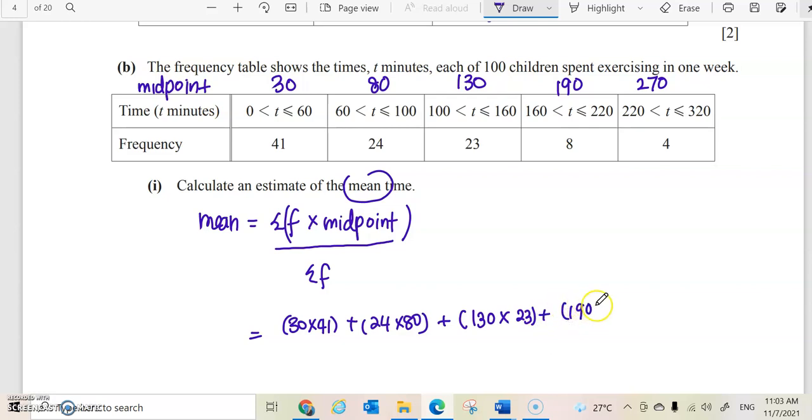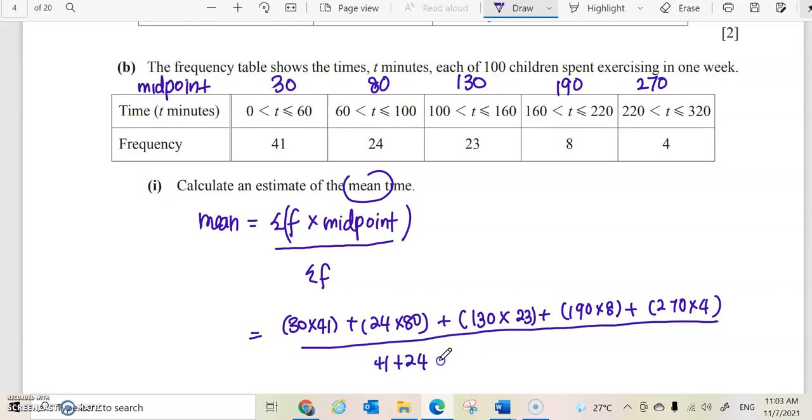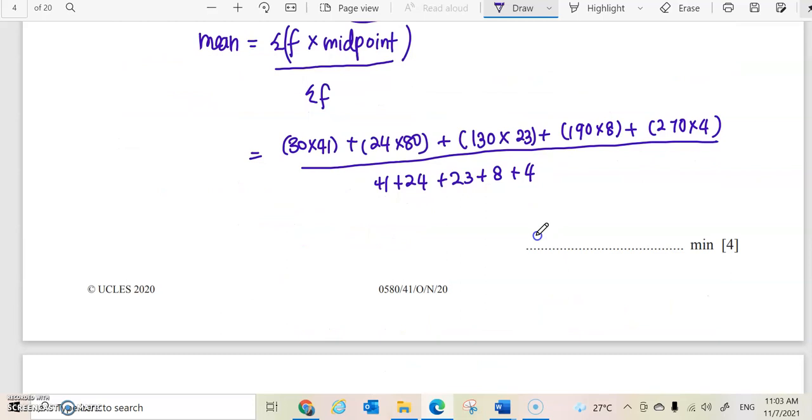Biasanya ni kita buat ini kita dapat 2 markah lah. Okay, and then the total of frequency kita tambah semua sekali 41 plus 24 plus 23 plus 8 plus 4. So the answer is 87.4. That is how to calculate the mean.